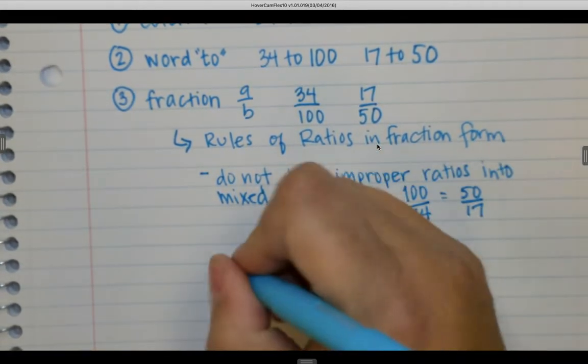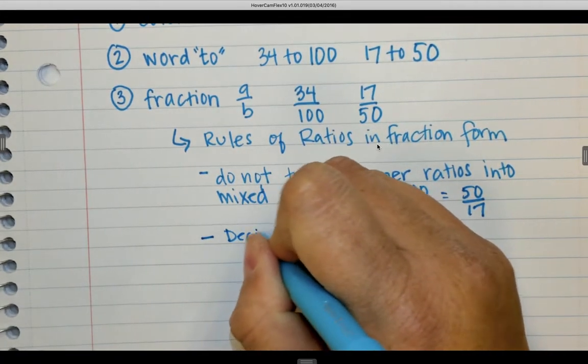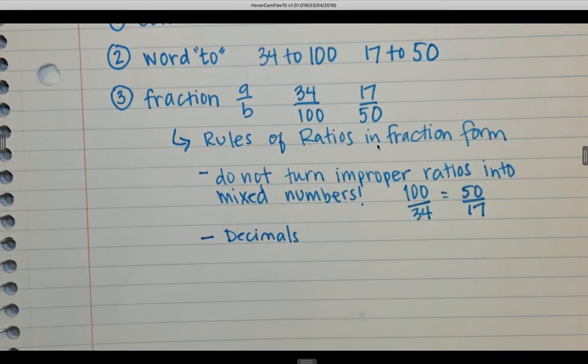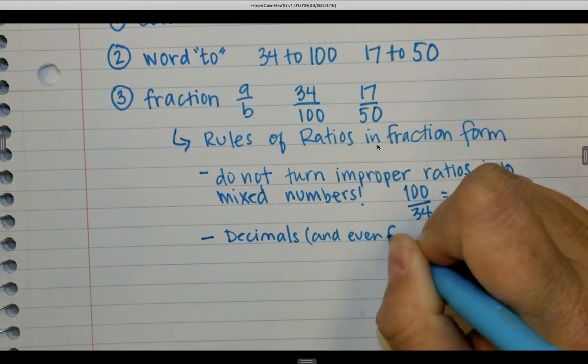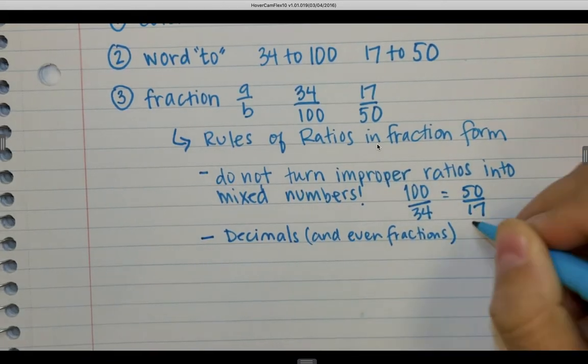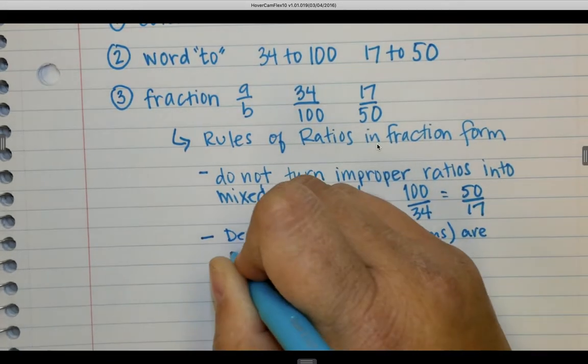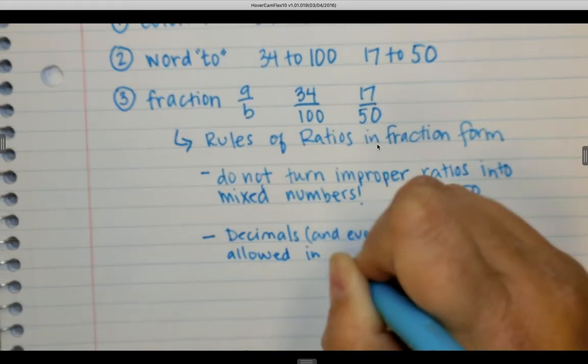The second rule is that decimals and even fractions are allowed in a ratio.